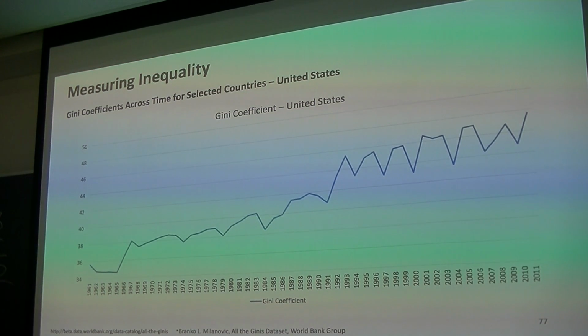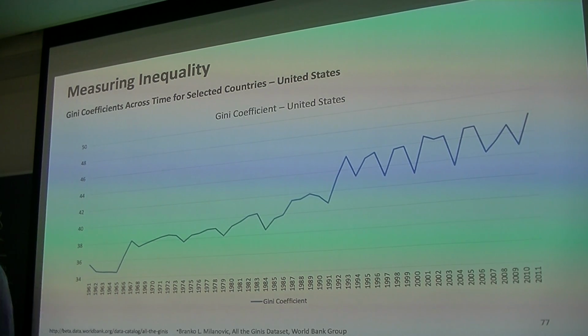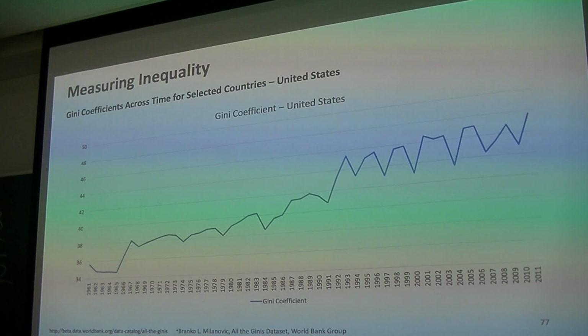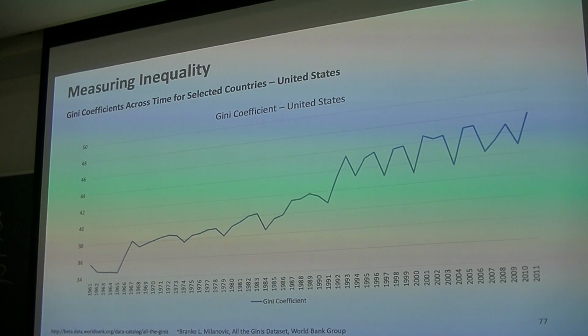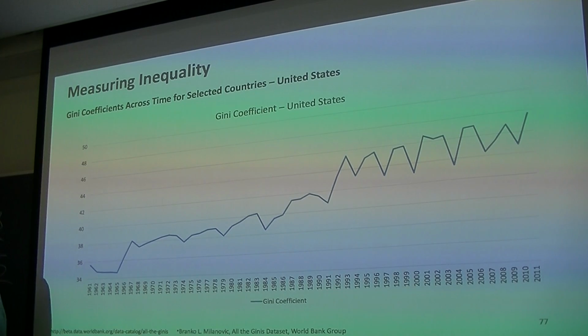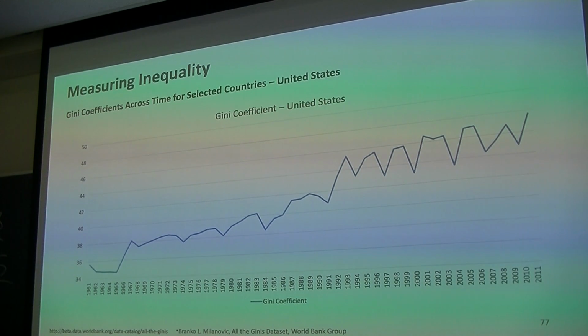Basically, a Gini coefficient measure below 30 is considered to be a relatively even distribution of income. Japan is about a 30, 31.